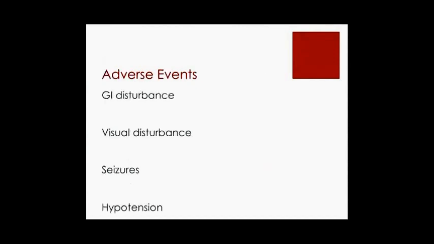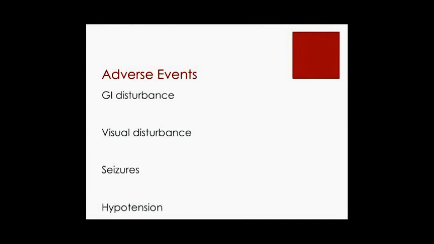In terms of adverse events, the most common adverse event is mild GI disturbances, so nausea, vomiting, diarrhea, usually not severe, and resolves actually quite quickly. Now in the literature, and still considered adverse events, are visual disturbances. So they have shown an increased incidence of blurry vision and loss of color vision.